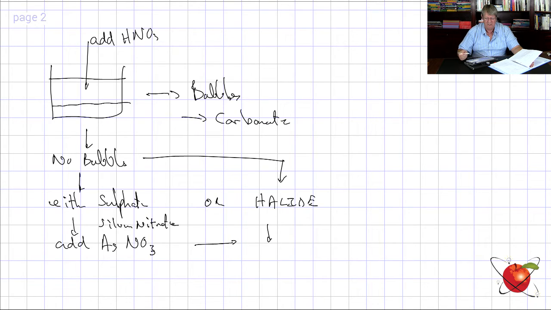So these are other ways of looking at it. Just remember the HNO3 tells us the carbonate or sulfate, or it could have been a halide. Which means if we get a sulfate or a halide, we add AgNO3, and we then look at the precipitate and check the color.